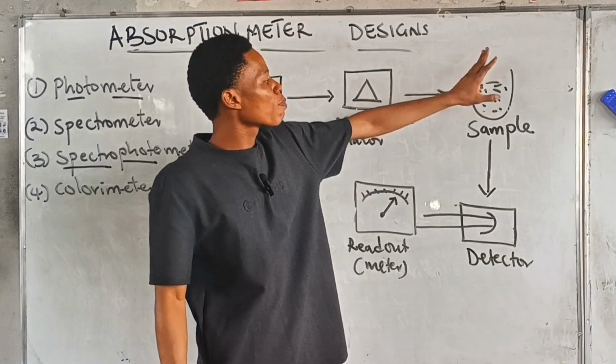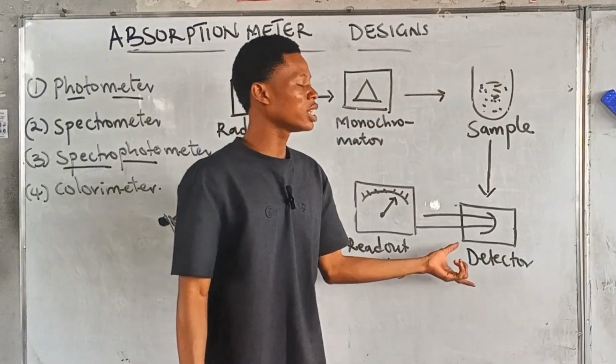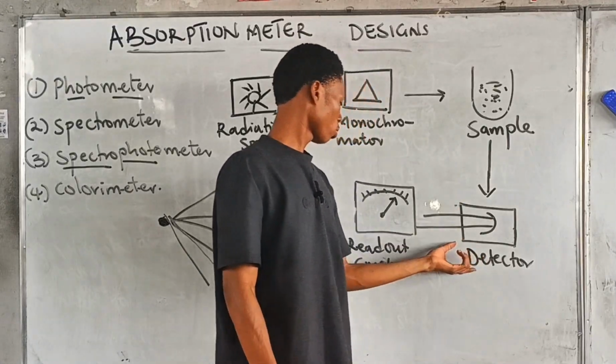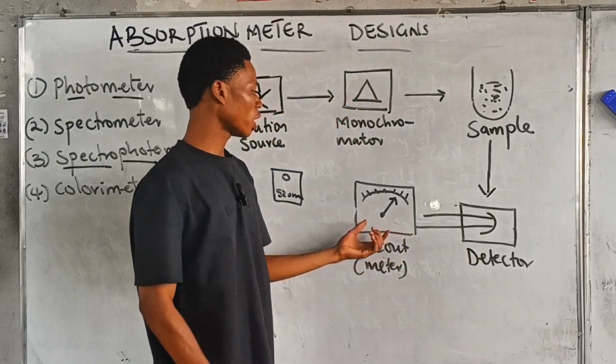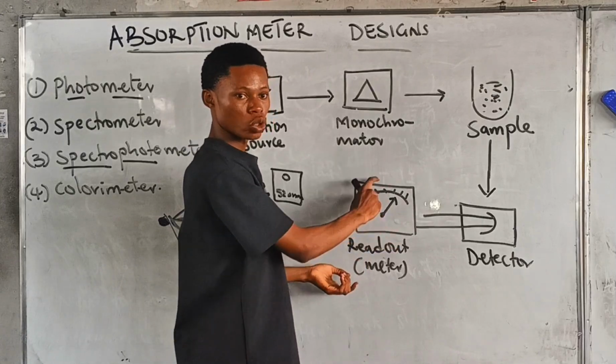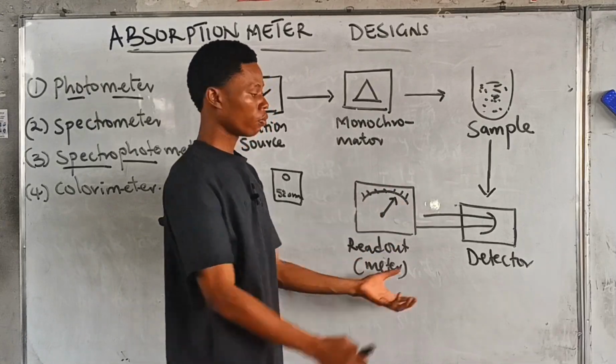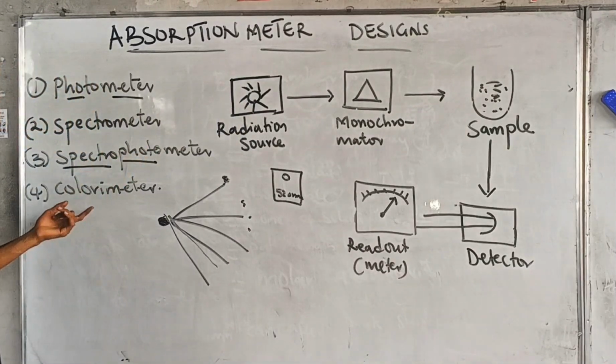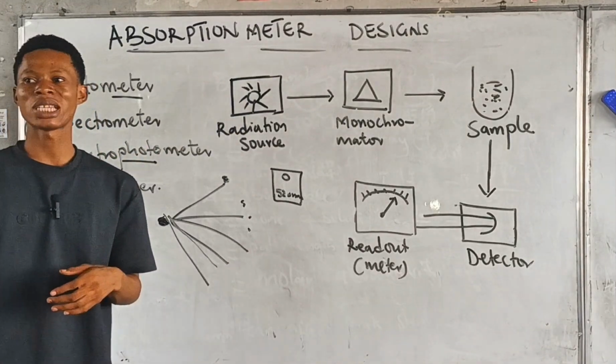As this sample absorbs the light, we have a detector here to detect the absorption. Then we have a readout device, a meter that will show the value. Alright, so basically that's that. Now, colorimeter is more or less outdated.